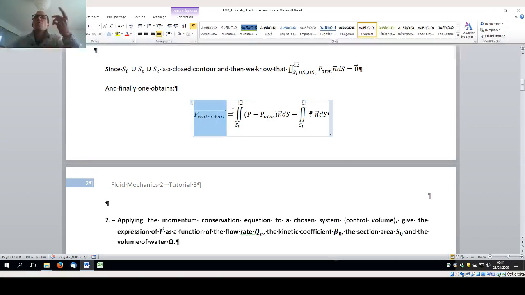So this is why usually we try to express what is the force we are looking for in terms of integrals over surfaces.